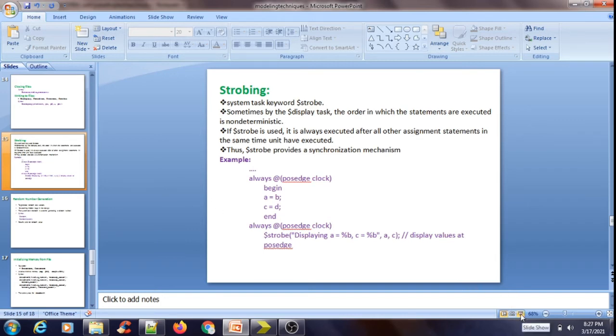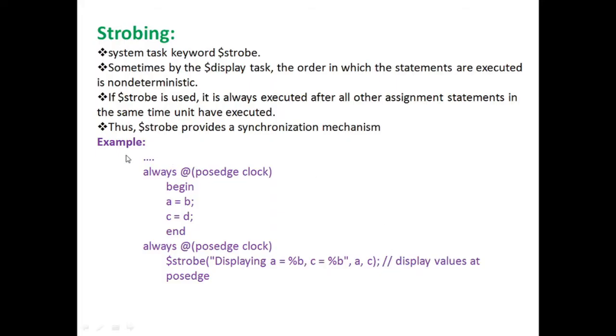And let me discuss $strobe here. Sorry, $strobe, or the terminology here is strobing. So what is strobing here? We familiarly know the purpose of the $display and $monitor system tasks from the earlier sessions. Now for the strobing purpose I am using $strobe as my keyword.